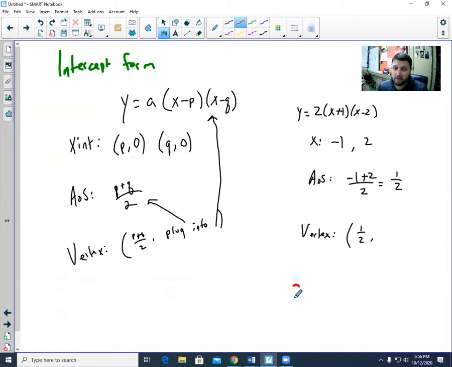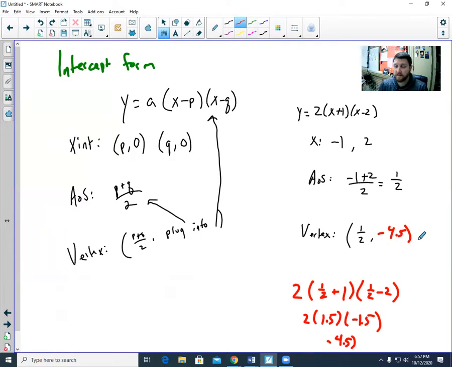So I'm going to have 2 times (1/2 plus 1) times (1/2 minus 2). So it's going to be 2 times 1.5 times -1.5. So that's going to be 3 times -1.5, which is going to be -4.5. So then I'm going to get -4.5. So that's what that looks like.